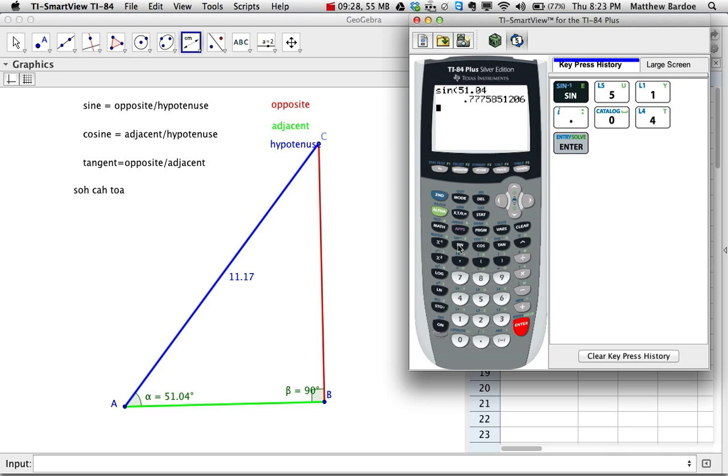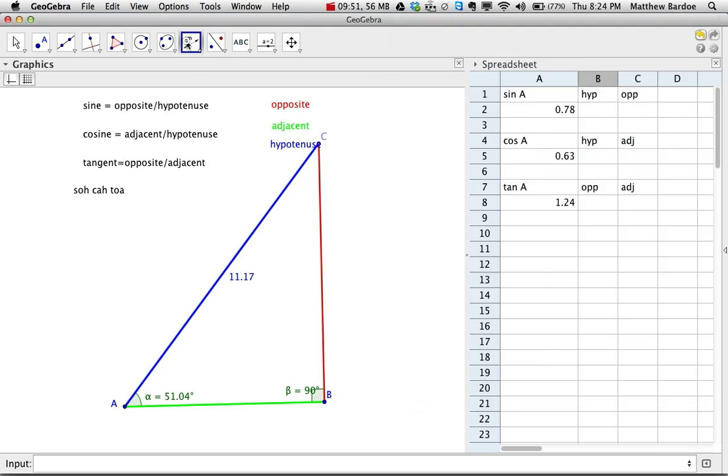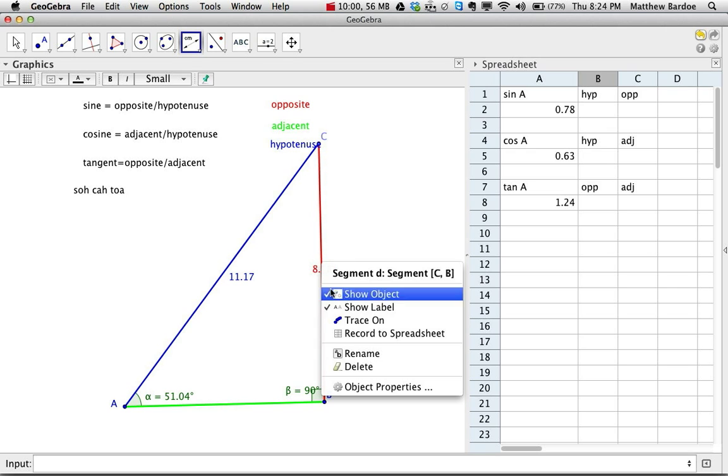So it turns out the opposite side is about 77.7% of the hypotenuse. So I'll multiply that number times my hypotenuse. I get 8.685, so about 8.69. That's what I think the opposite side is. Let's see if that works. 8.68. So close enough.